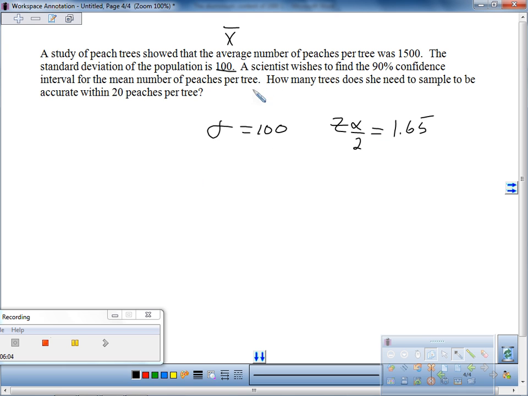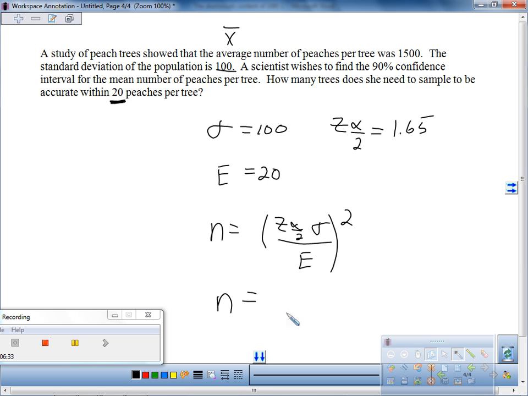Okay, and we want our error to be within 20 peaches per tree. Okay, so E is equal to 20. Again, it's not a percentage, so we're not moving the decimal or anything here, so E is going to be 20. Okay, so we're going to use the same formula we just used for the last problem, where we have N equals Z alpha sub 2 sigma over E, and we're going to square all that to come up with our sample size.